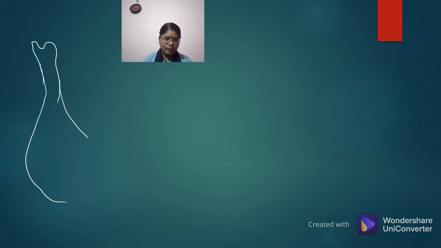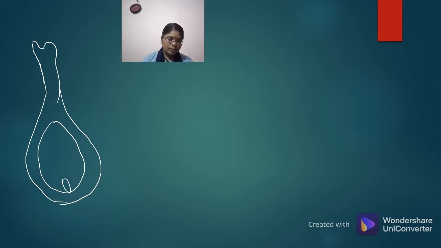Now I will draw this embryo sac for you. I will also draw this part of the pistil so that things become clearer, and I will try to make it bigger for you. Now this is your embryo sac. This is your egg cell, and these are the 2 synergids.